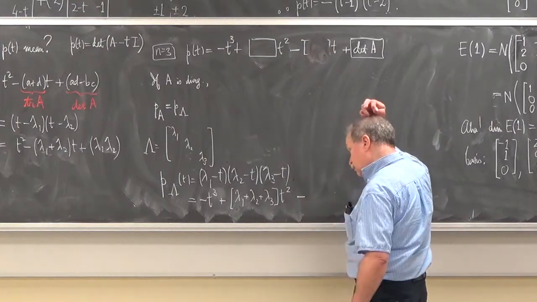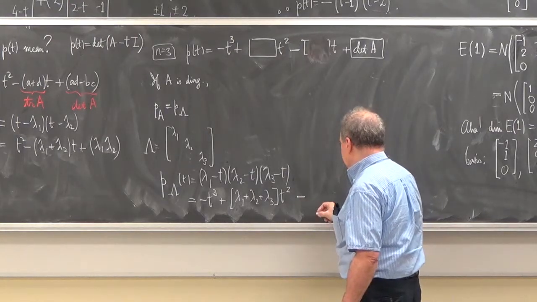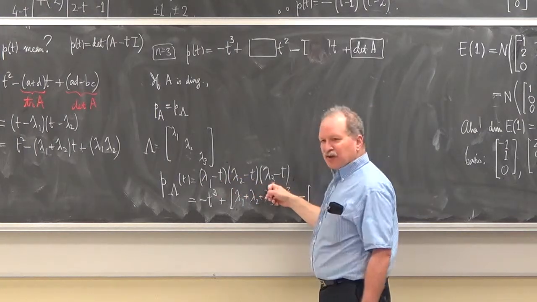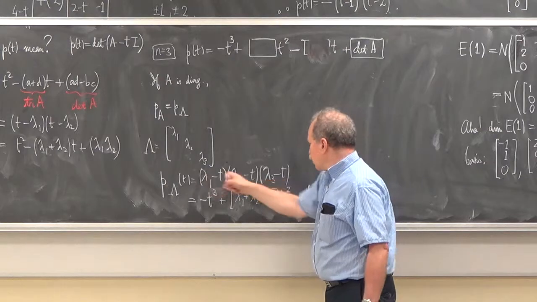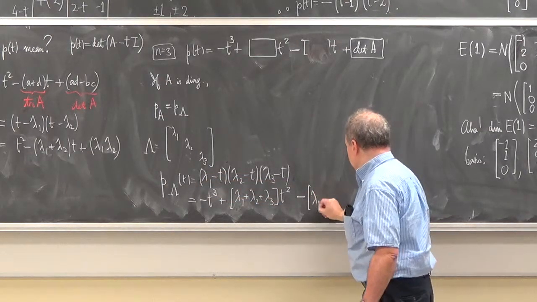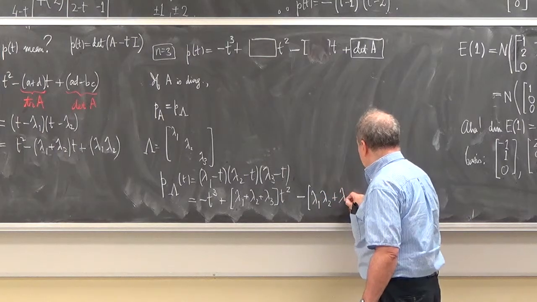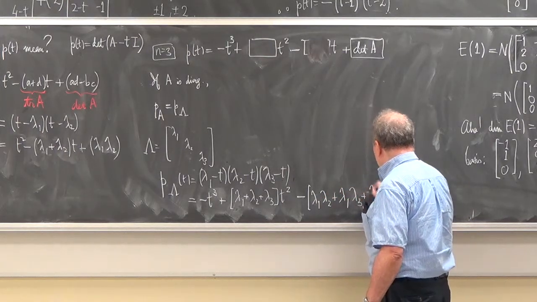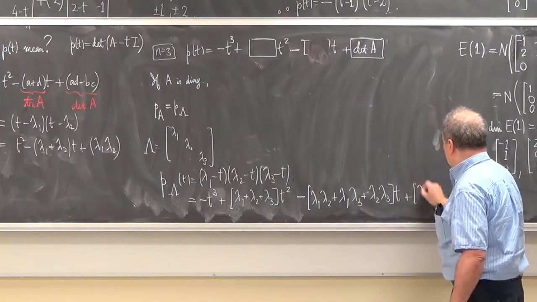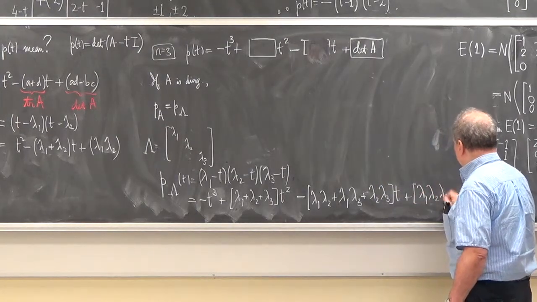Minus, what's the coefficient of t? How do I get a t? I get a lambda 2 lambda 3, a lambda 1 lambda 2, and a lambda 1 lambda 3, all with minuses. So you're getting pairs of products of the eigenvalues. And then finally you get lambda 1 lambda 2 lambda 3 as the constant term.